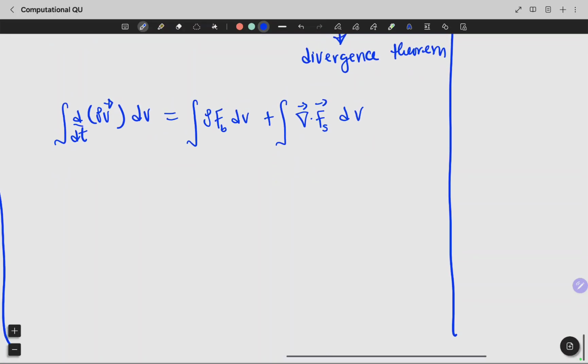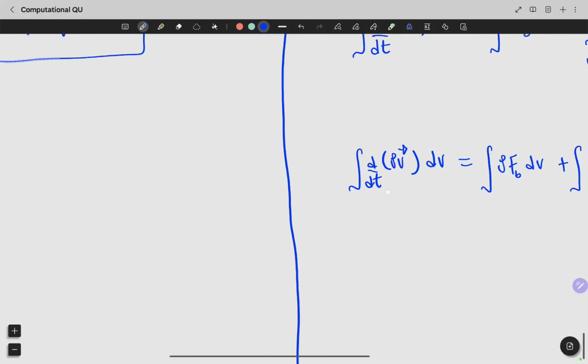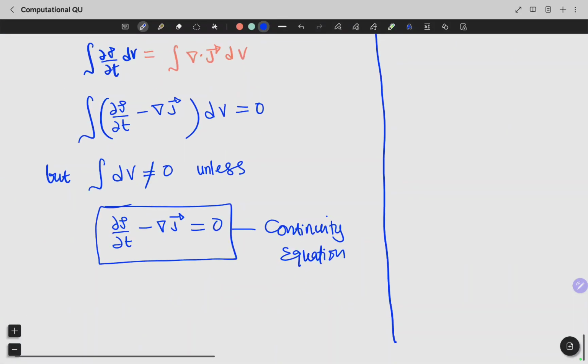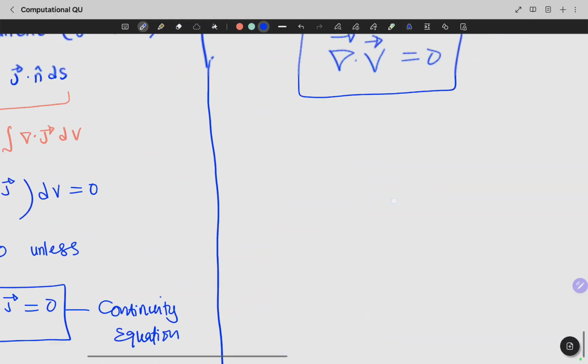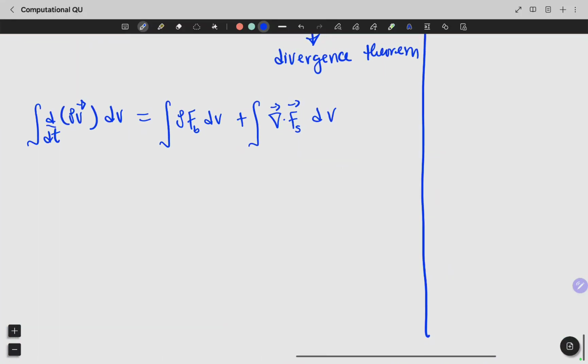And similarly, you can take the integrals off the way we did it here. We cannot integrate over a volume and get 0 unless what is inside is 0, and therefore these guys will be free from the integration.